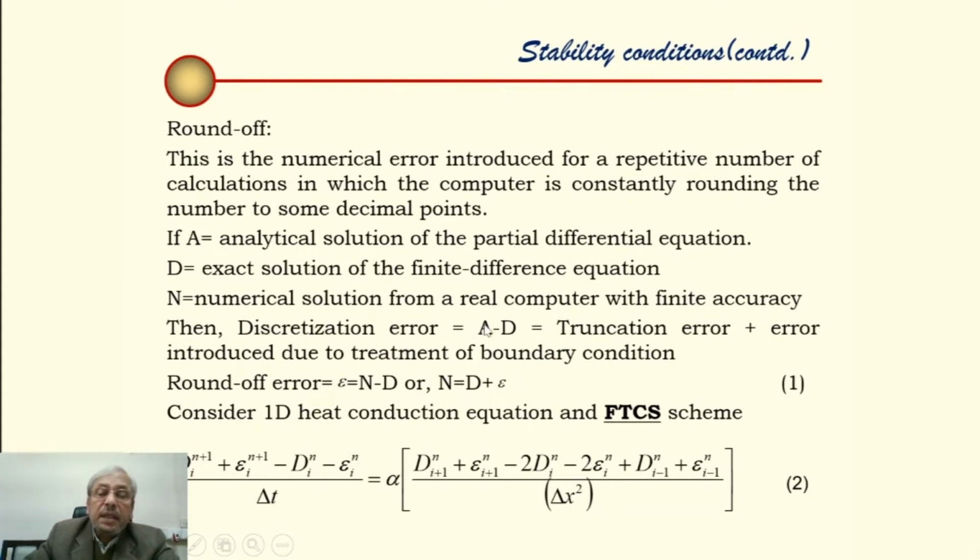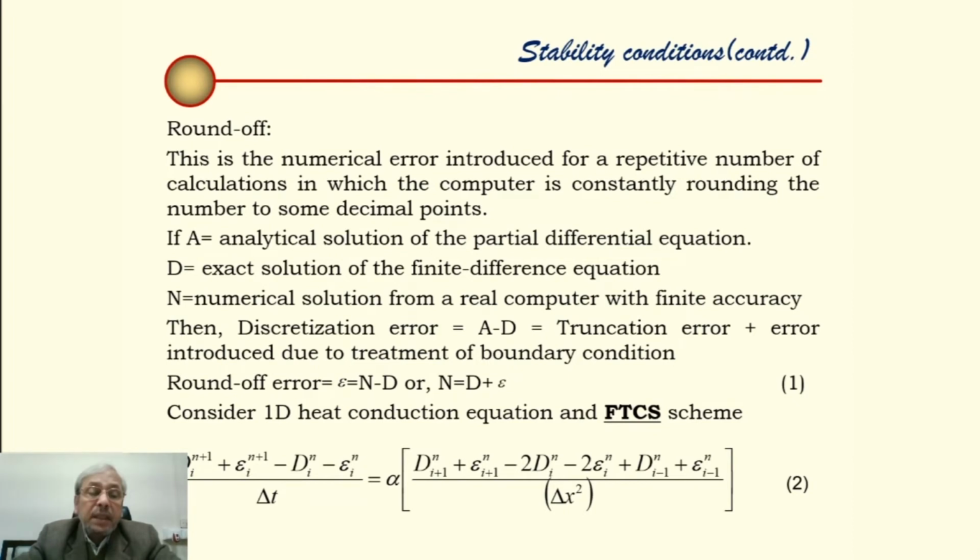A is the analytical solution and D is the exact solution of the finite difference equation. That means it has no other error but truncation errors and the errors that come from implementation of the boundary condition. The same boundary condition can be higher order.